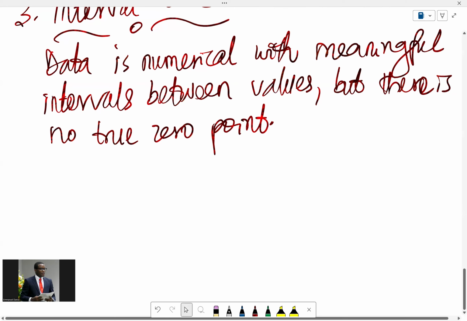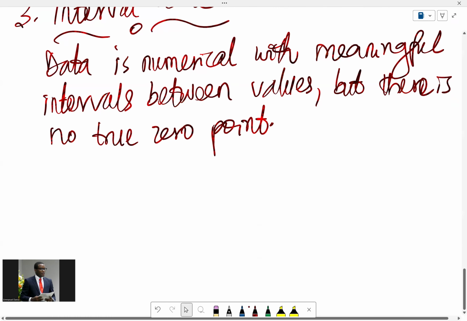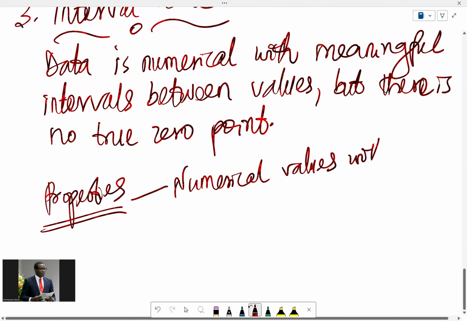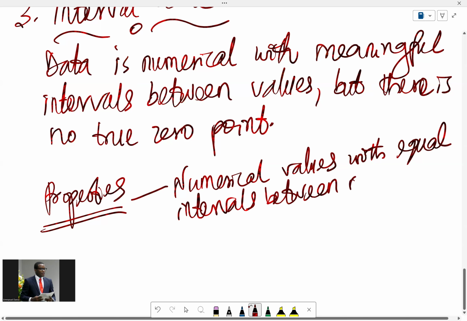Okay, so let's talk about the properties of interval scale. First of all, you have numerical values with equal intervals between measurements.